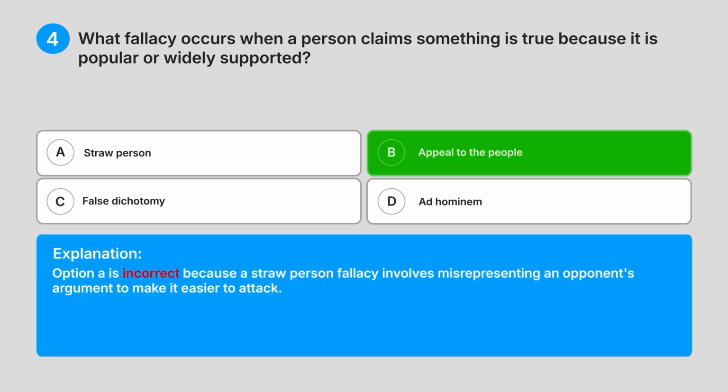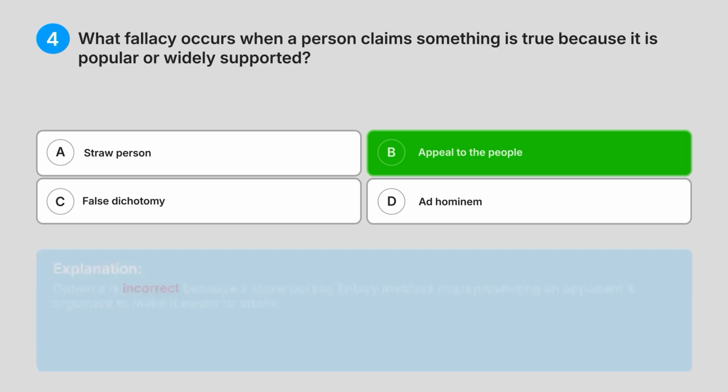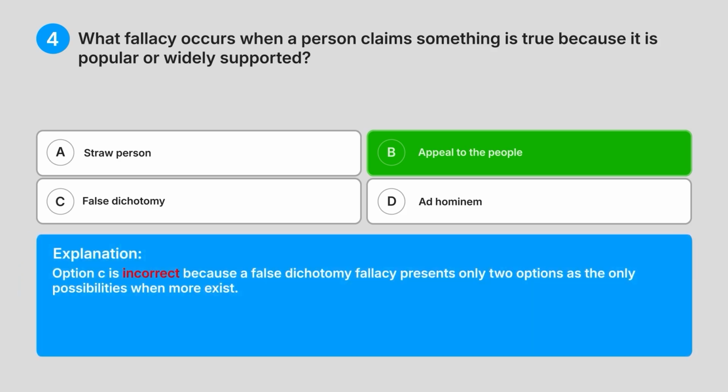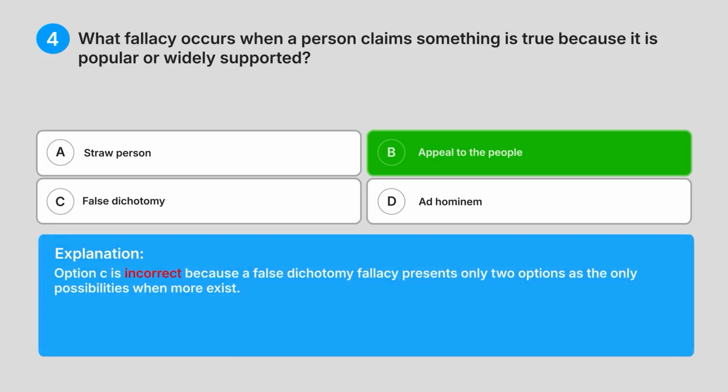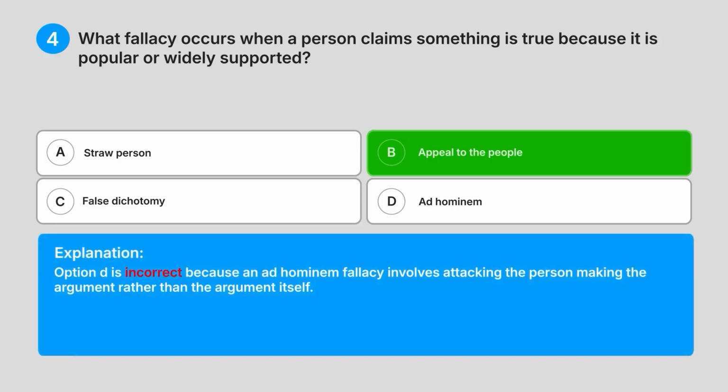Option A is incorrect because a straw person fallacy involves misrepresenting an opponent's argument to make it easier to attack. Option C is incorrect because a false dichotomy fallacy presents only two options as the only possibilities when more exist. Option D is incorrect because an ad hominem fallacy involves attacking the person making the argument rather than the argument itself.